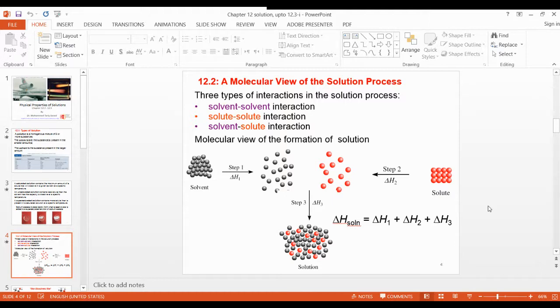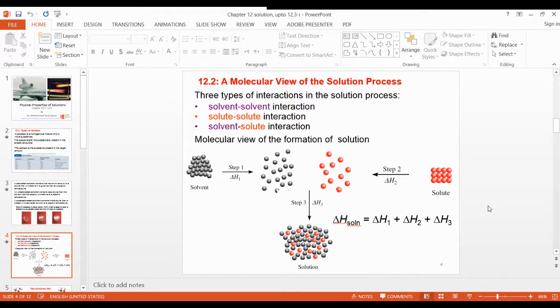It means that right now the solute can react with the solvent, or the solvent with the solute, to make a solution. When you react them, that is the third step, and now you get the solution. The total enthalpy, the total heat, you can add up: delta H1, delta H2, delta H3.